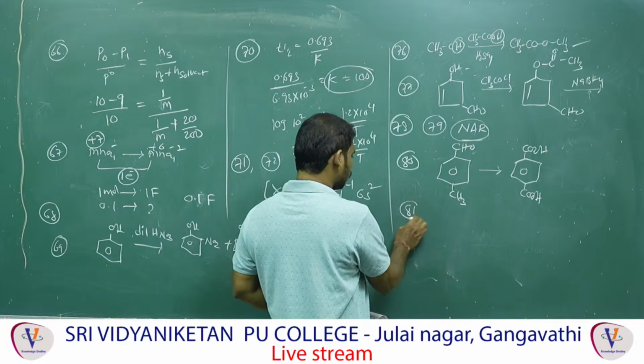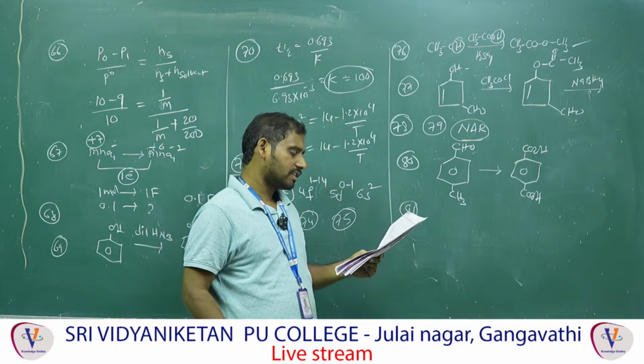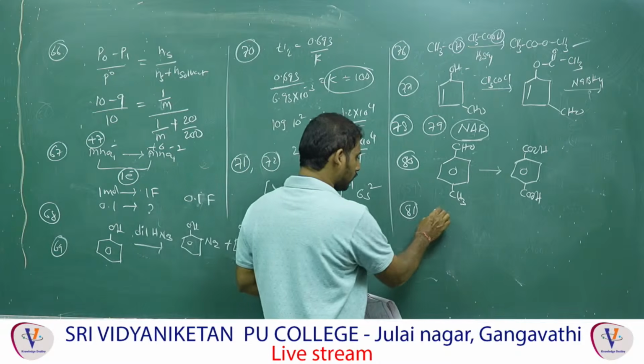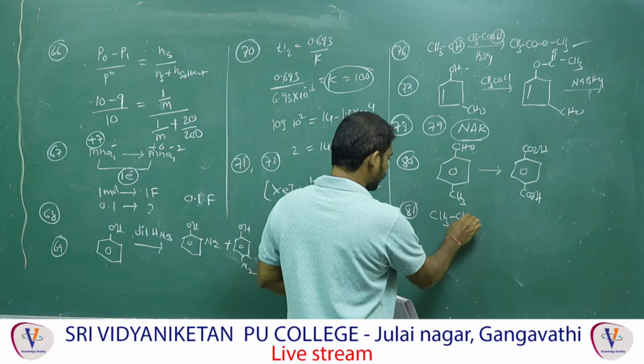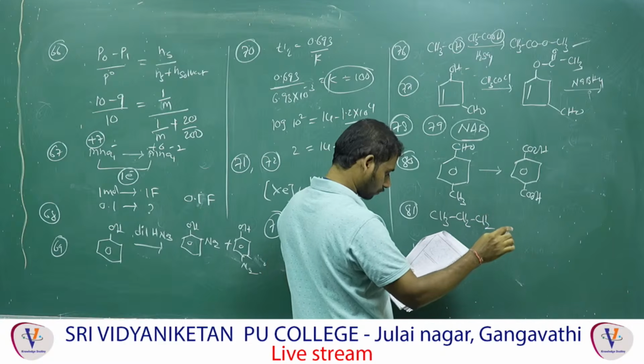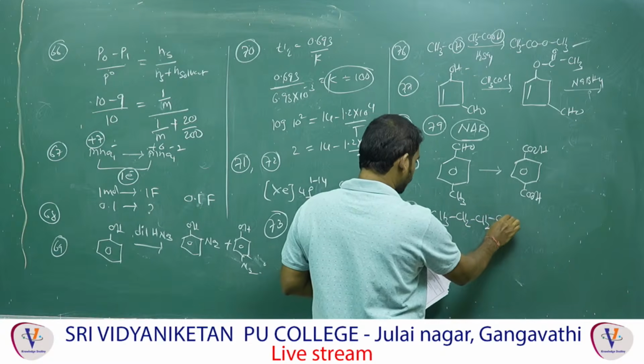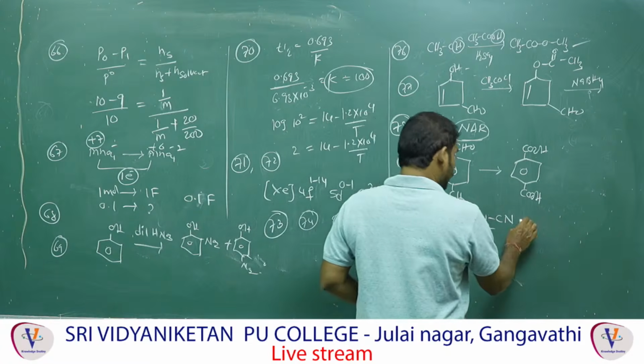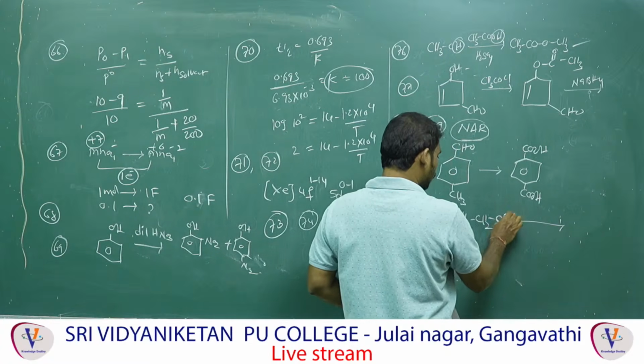Question number 81. CH3CH2CH2I reacting with NaCN. Then what can I get? CH3CH2CH2CN, where I is replaced by CN. Then partial hydrolysis, listen carefully.